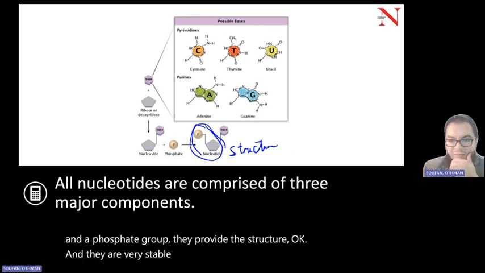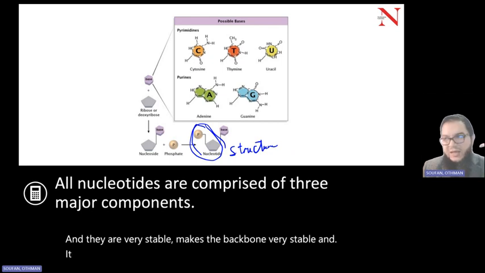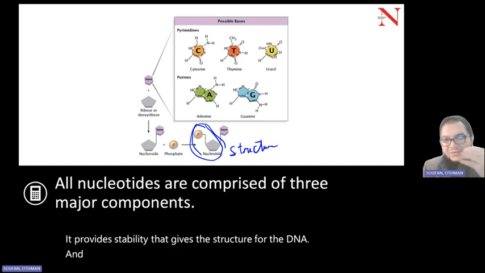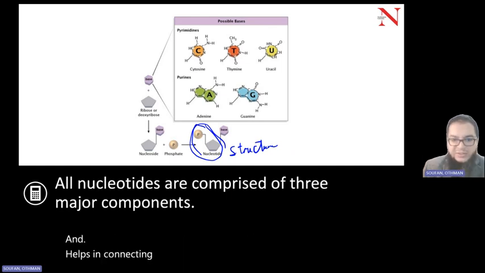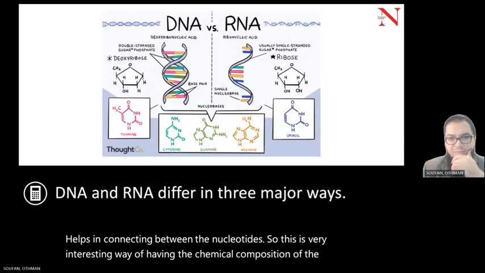This makes the backbone very stable, provides stability that gives the structure for the DNA, and helps in connecting between the nucleotides. So this is a very interesting way of looking at the chemical composition of the different bases.